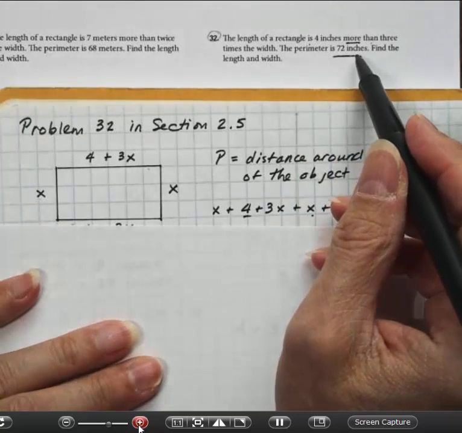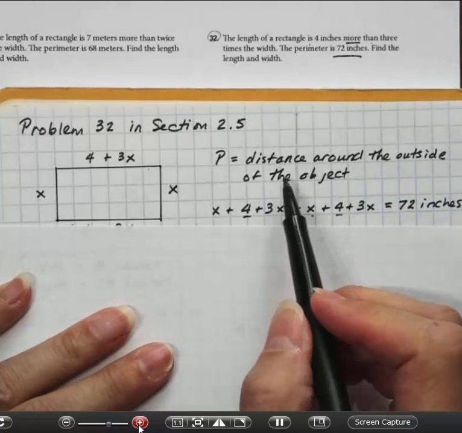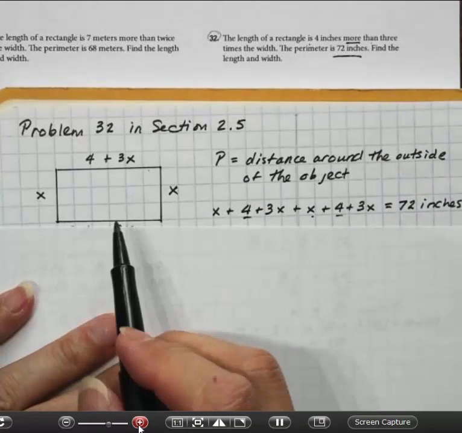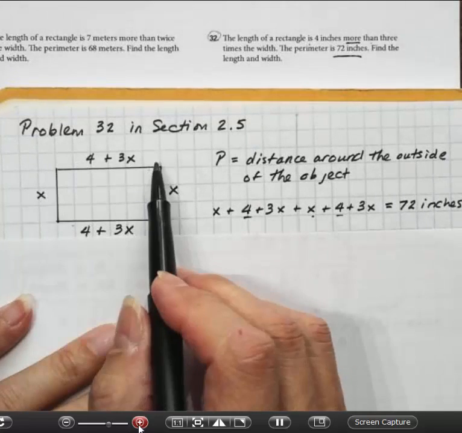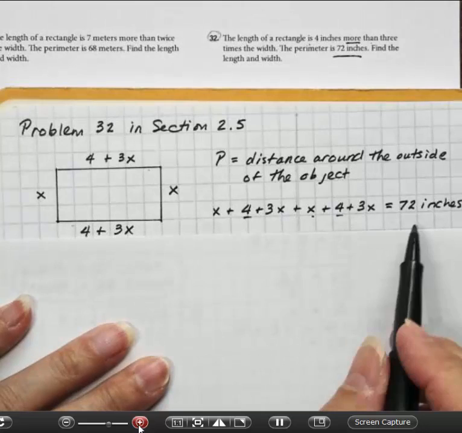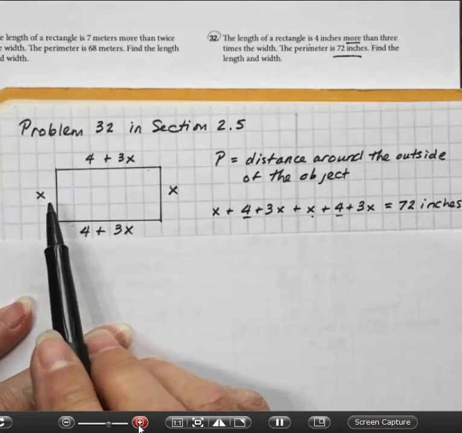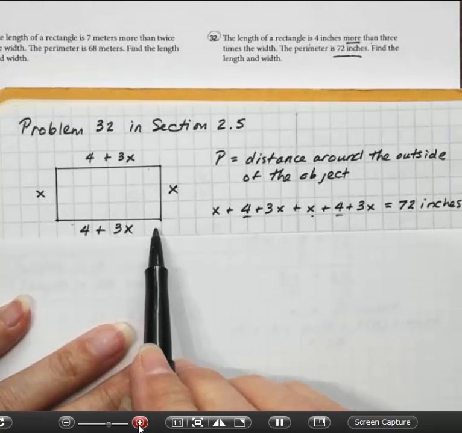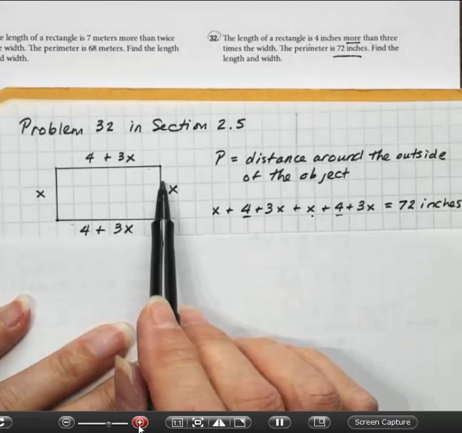And remember, the perimeter is the distance around the outside of an object. So all you need to do is add up all the different sides of the rectangle to come up with your perimeter. The two long sides are going to have the same length in a rectangle, and the two short sides are going to have the same width.